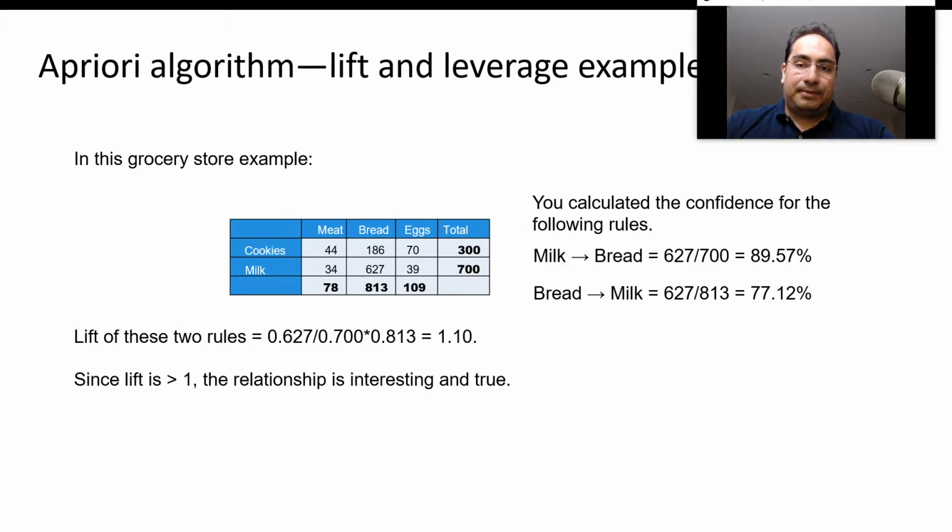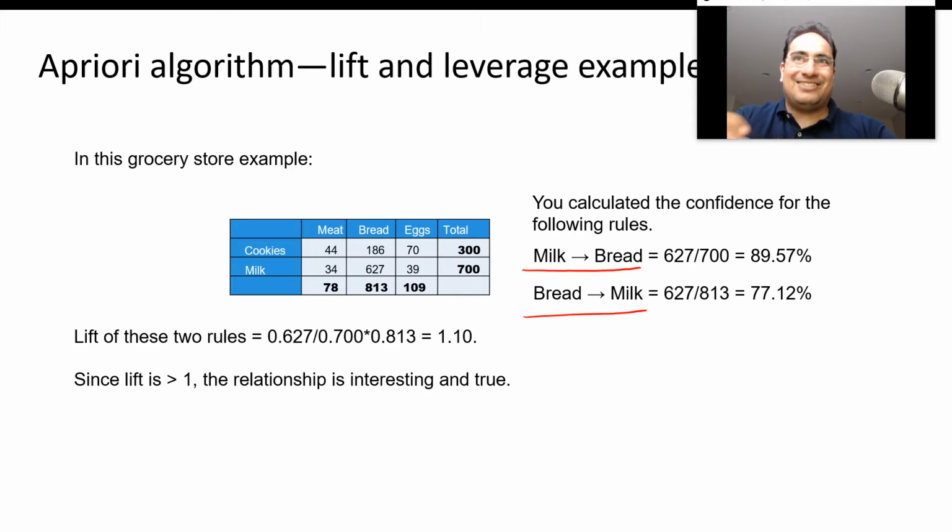In our example, we had these confidence intervals there anyways, but if you want to calculate the lift of these rules, the lift of milk over bread, or bread to milk, it's the same thing, like x and y.